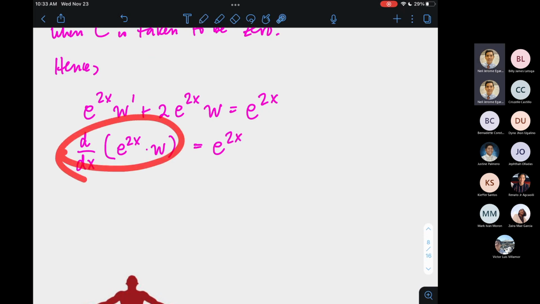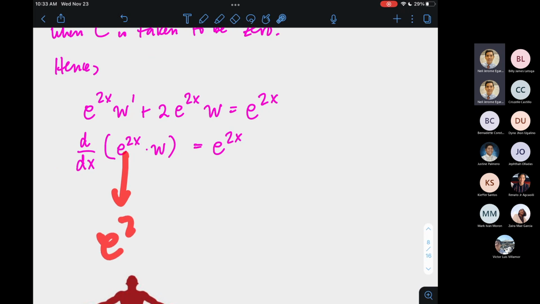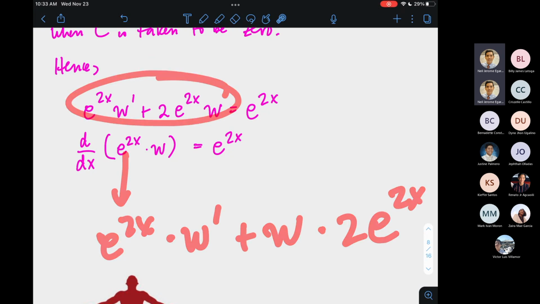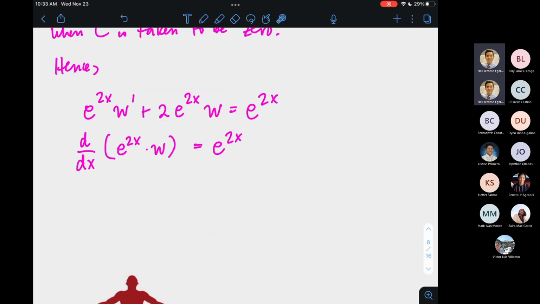Kasi pag dinifferentiate mo to, you'll have e to the 2x times w prime plus w times 2e to the 2x, which is essentially the left-hand side. So ganon tayo, product rule in reverse. Ganon natin pinili yung integrating factor, which I hope you still know from chapter 1. And I know you do kasi maraming nakatama sa inyo dun sa midterm problems natin na gumamit ng integrating factors.